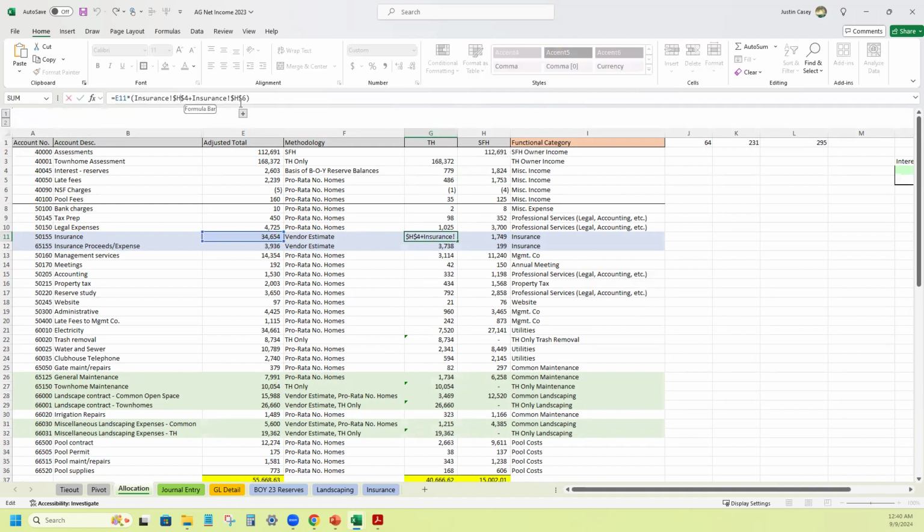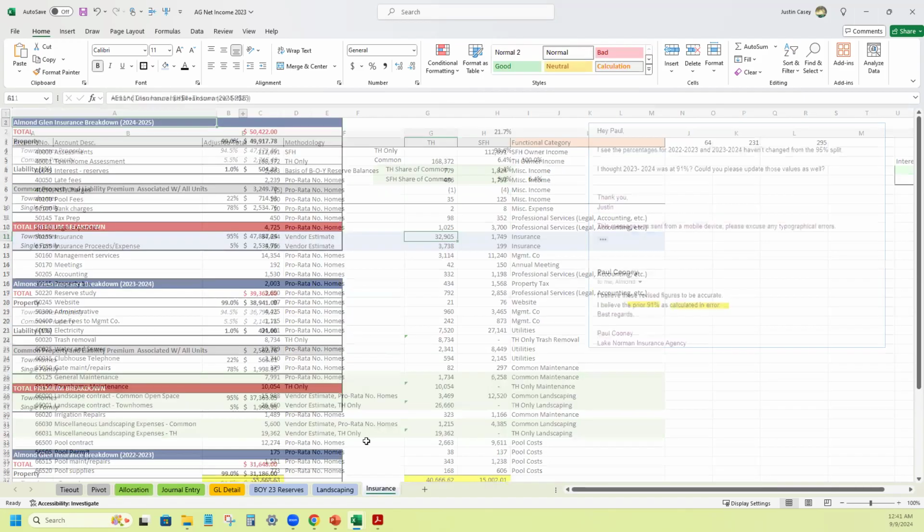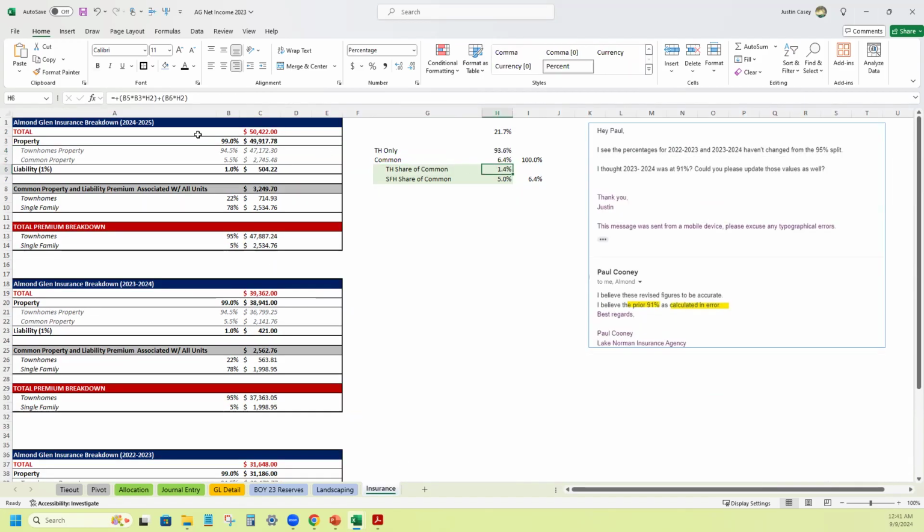From here, we take the estimates. You can see in the formula bar H4 and H6 from the insurance tab. H4, feel free to pause the video and look at the formula inputs.